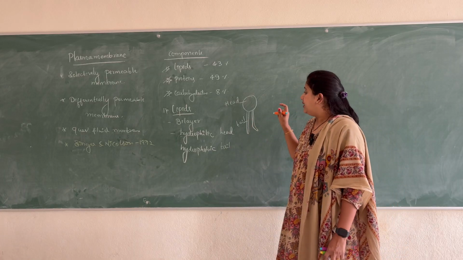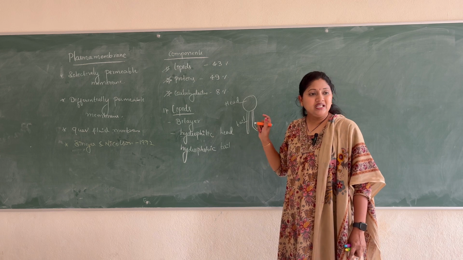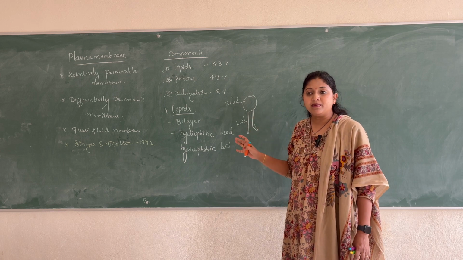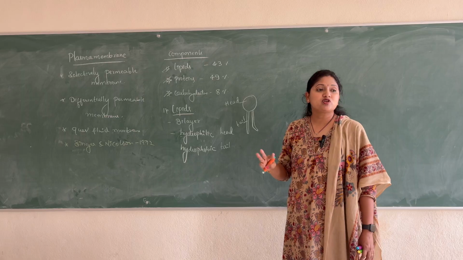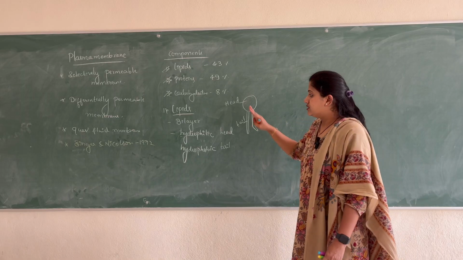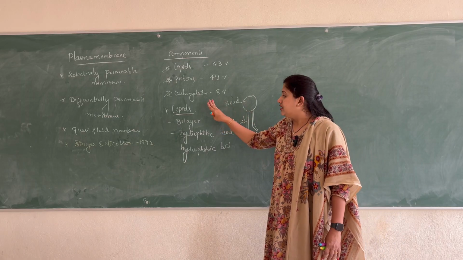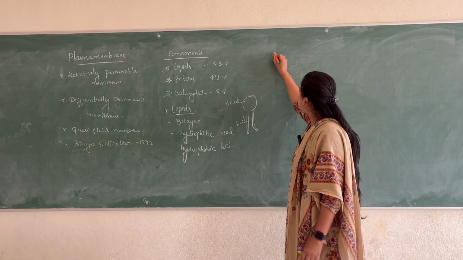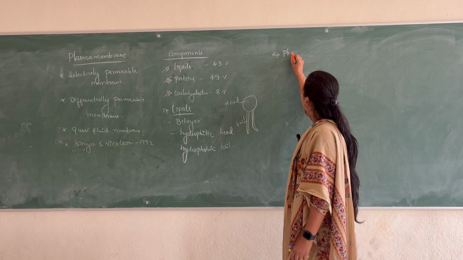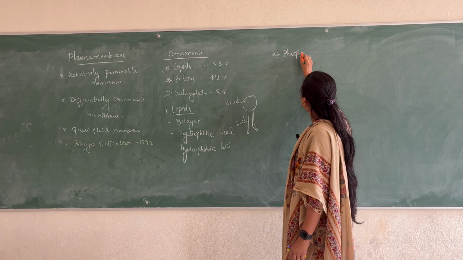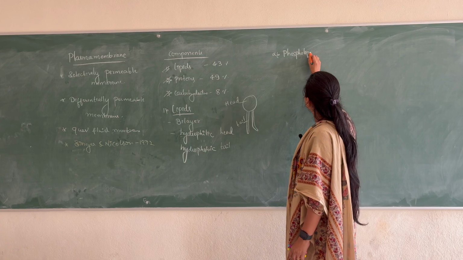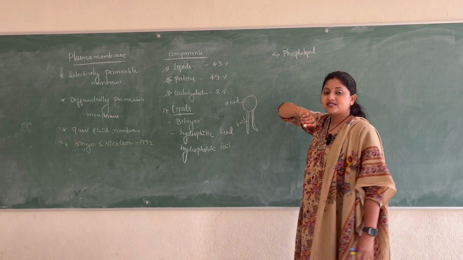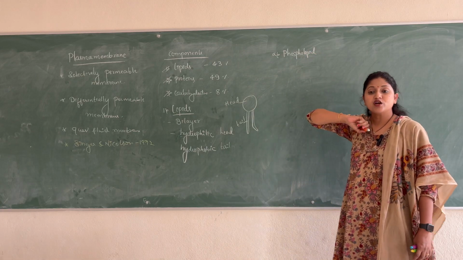Now, in the plasma membrane, there are three types of lipids present. The first type of lipid present is the phospholipid.